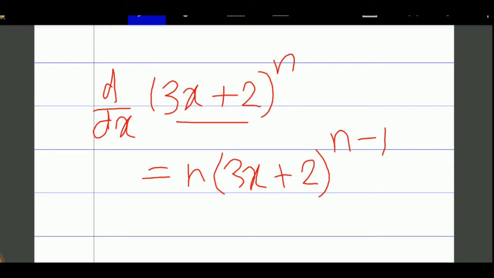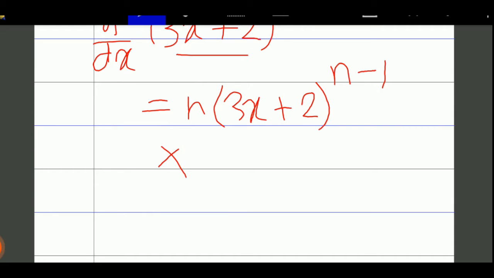If you didn't attend lecture number 2, please attend that so you can understand why I am doing this. Multiplying, differentiation of 3x + 2: differentiation of 3x is 3, and differentiation of a constant becomes 0.